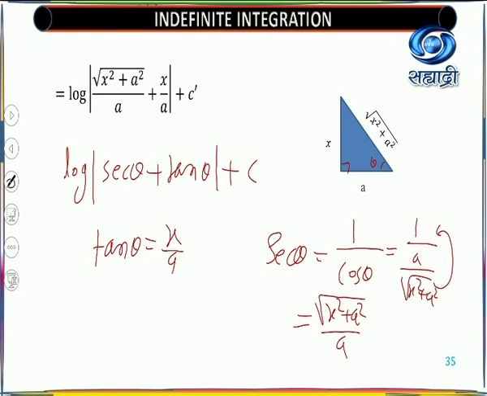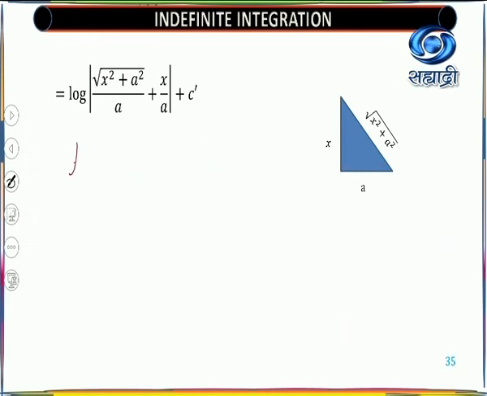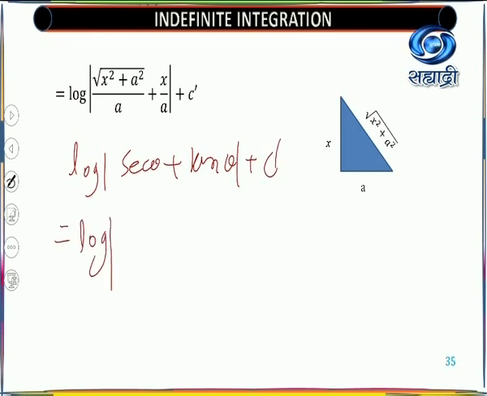If you substitute in your formula, you will get log of mod of sec theta plus tan theta plus constant of integration replaced by root of x square plus a square upon a plus x upon a plus constant of integration.